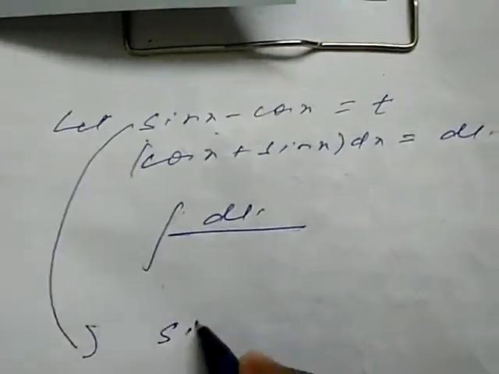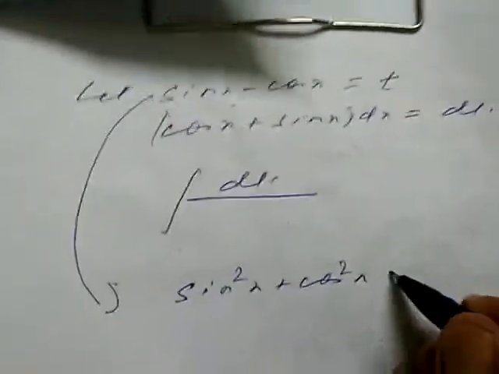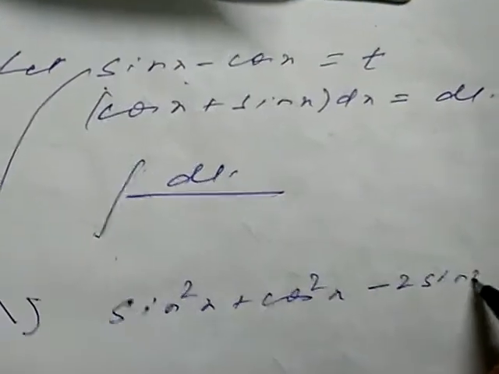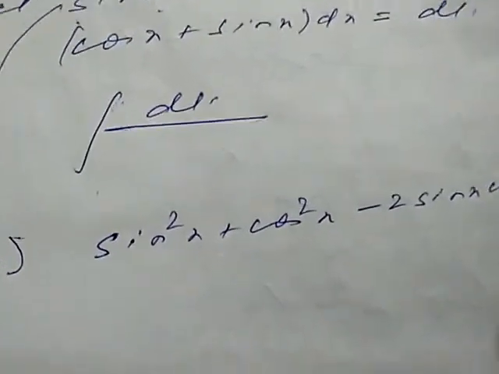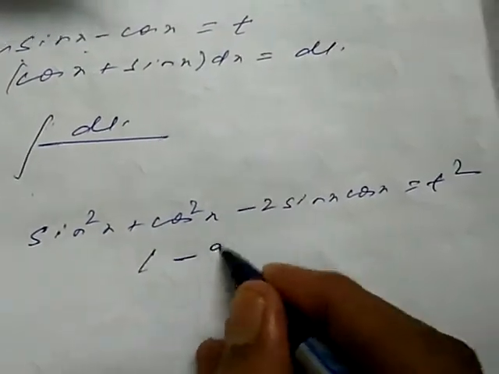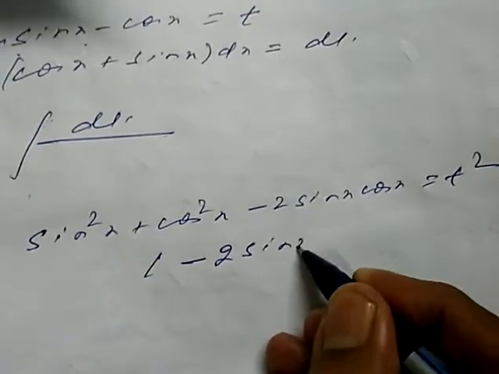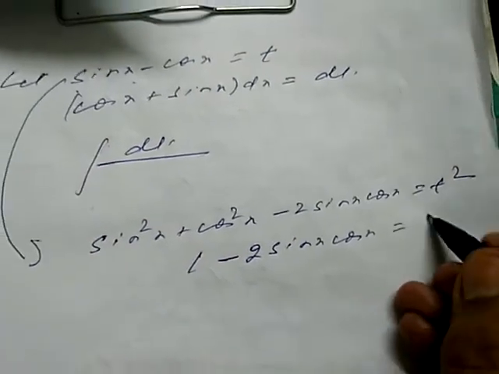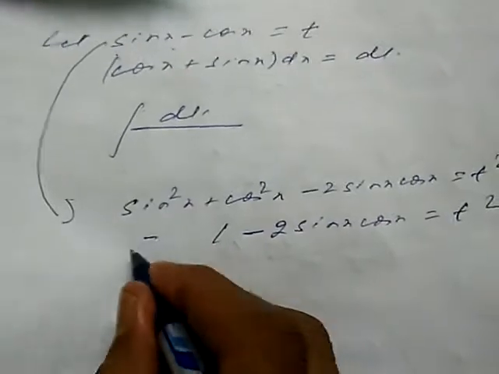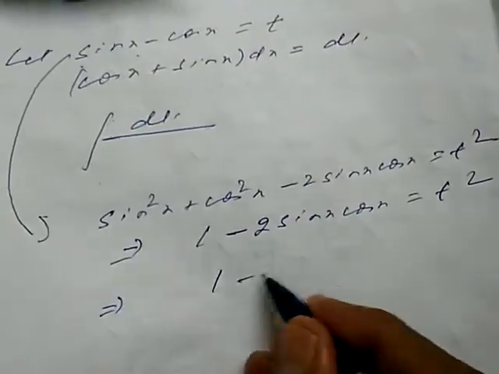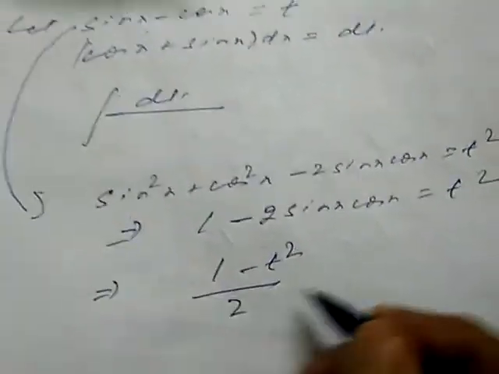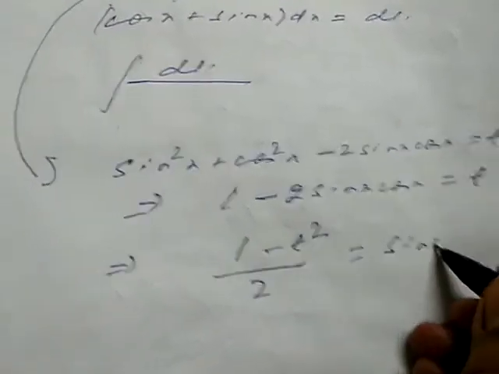What will we do? We will square the assumption. So squaring that, this is sin square x plus cos square x minus 2 sin x cos x is equal to t square. This is 1 minus 2 sin x cos x is equal to t square. This implies (1 minus t square) by 2 is equal to sin x into cos x.